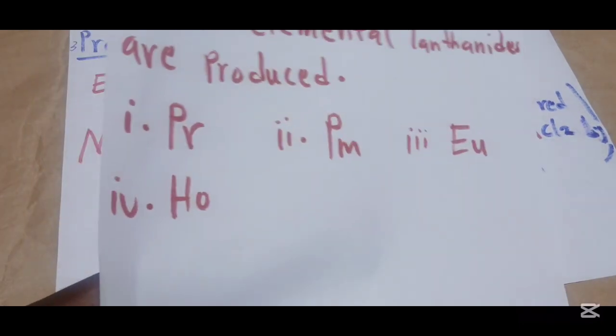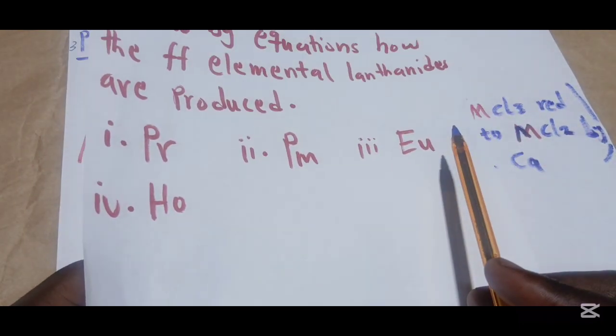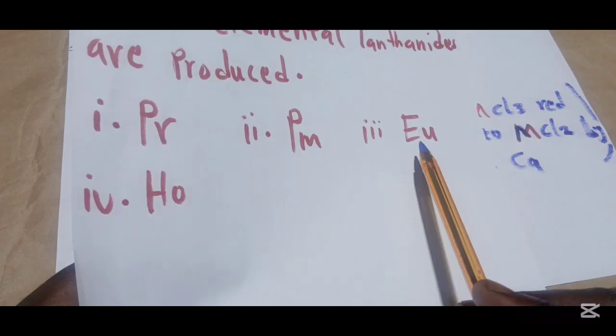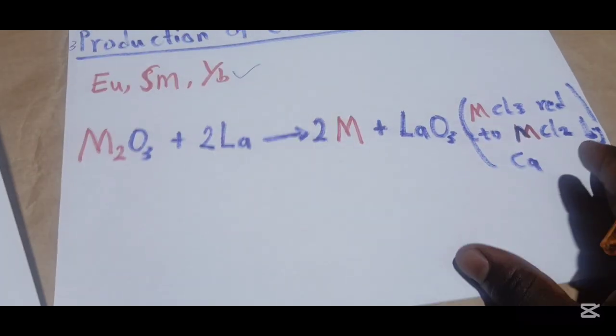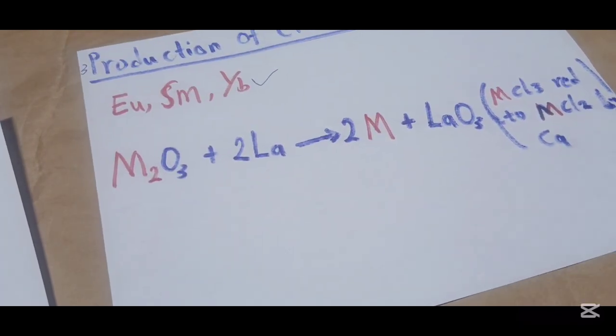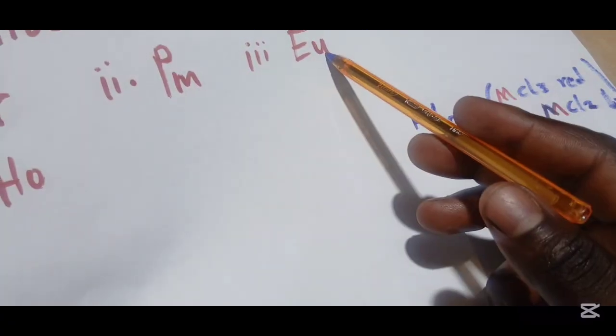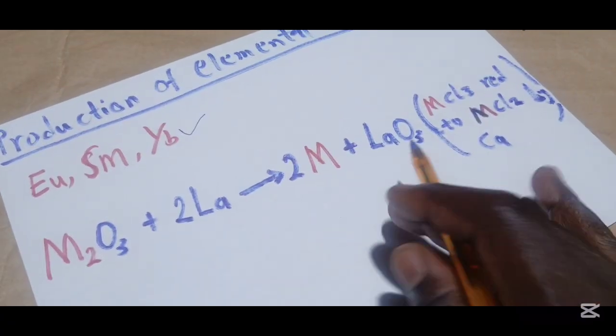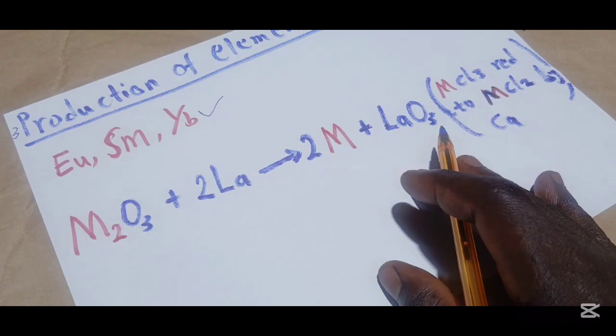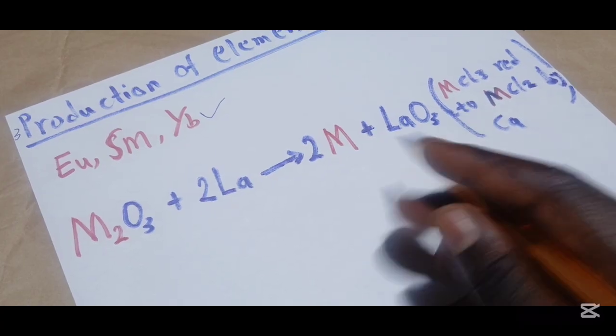You can see that from the question we also have europium. Your professor will bring a mixture of the elements to show how they are produced elementally. So just know the equations off head, and the elements that can be produced using a particular equation. Here we have to show how europium can be produced, so we try to recall this equation.